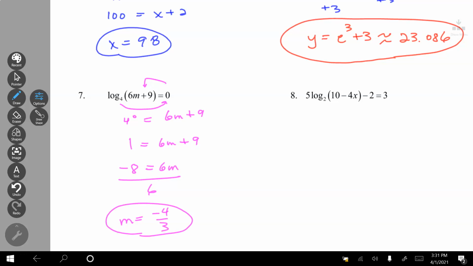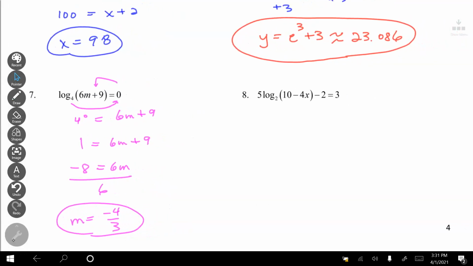And this last one is the only one that I actually have to do some work. When I solve, I should try to isolate this logarithm. Basically, it's like saying this is 5y minus 2 is equal to 3. And I would solve for y.